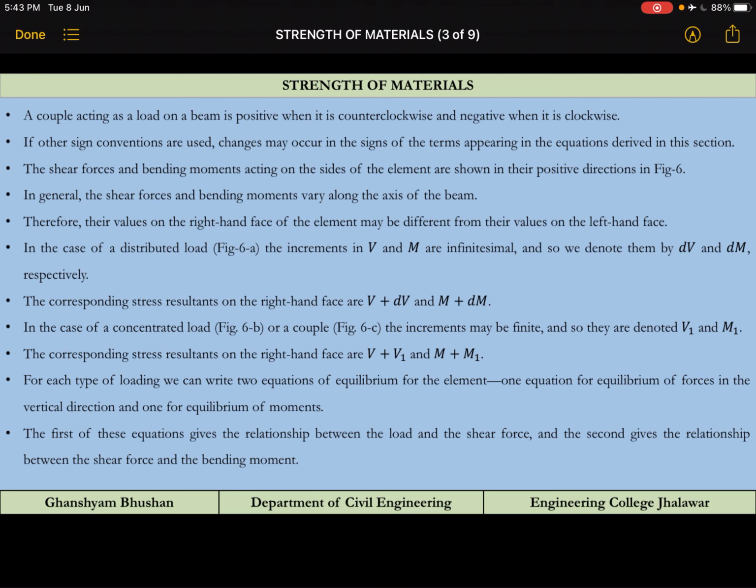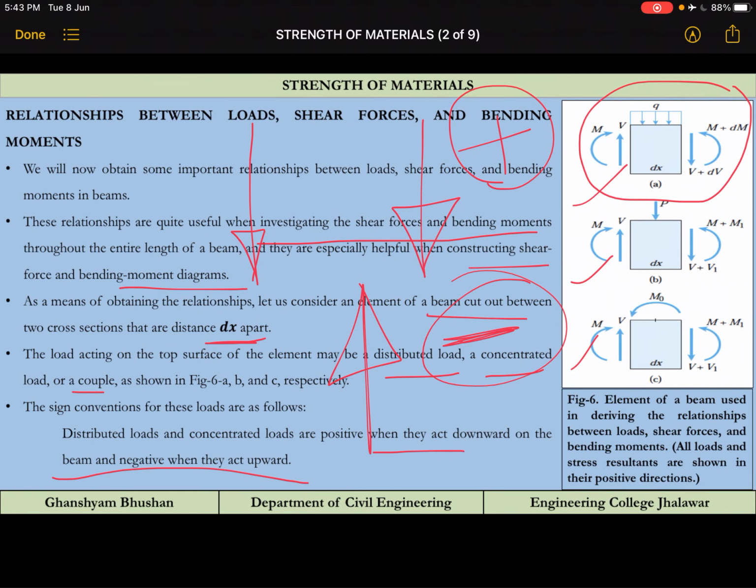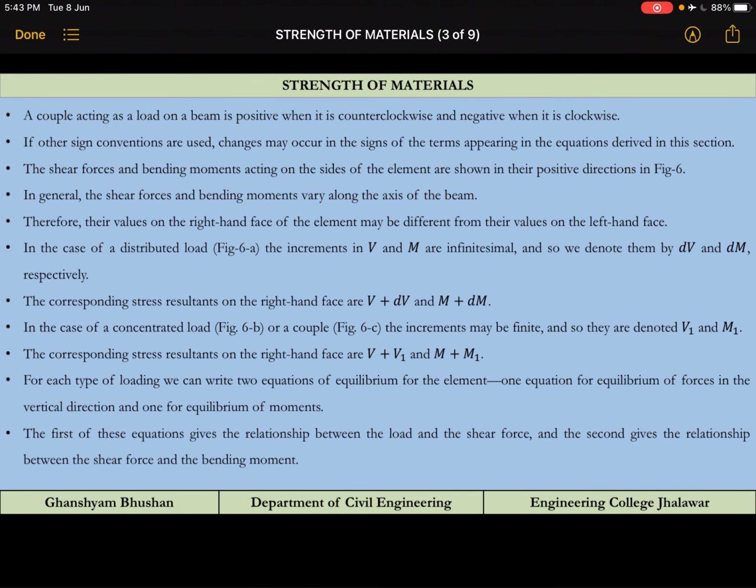Okay, so the shear force and the bending moment acting on the sides of the element are shown. So you can see, as I have told you, the positive and negative shear, positive and negative bending moment, we are going to check. In general, the shear forces and bending moments may vary along the axis of the beam.